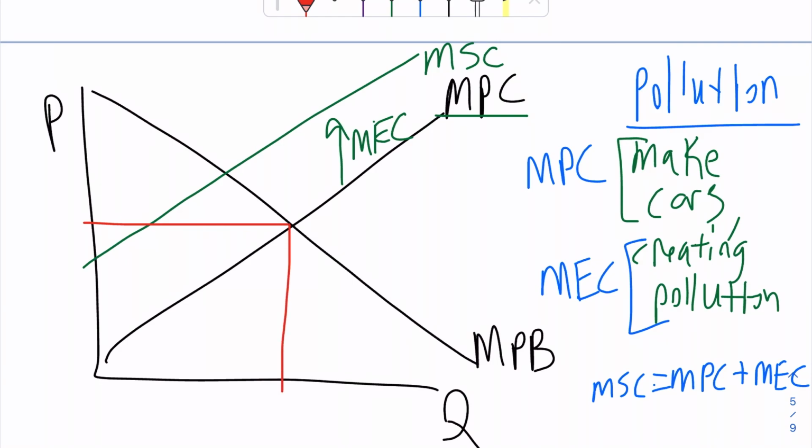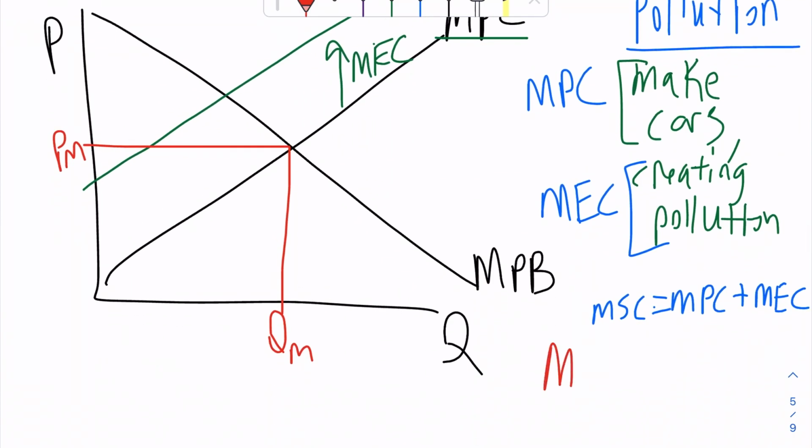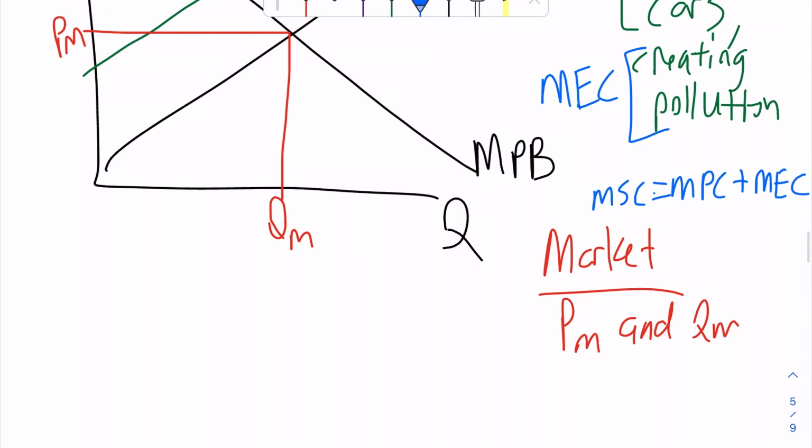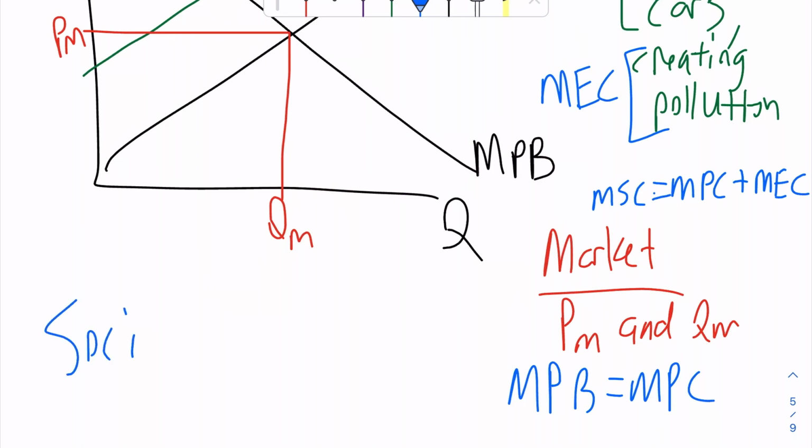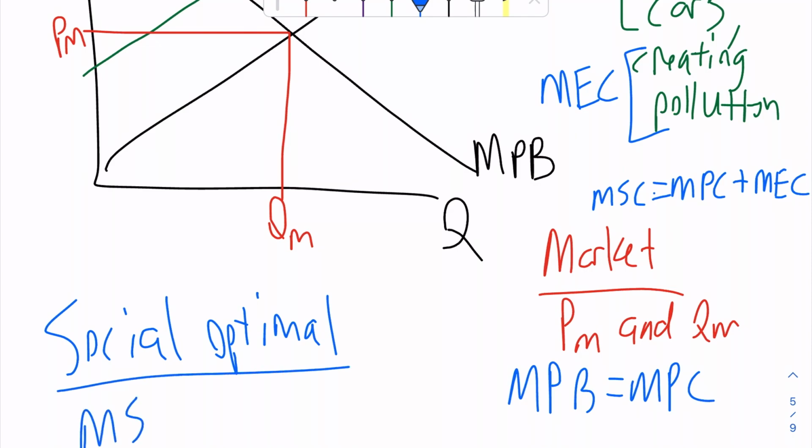Now this is your market price and your market quantity. Remember, your market does PM and QM because that's what the private benefit and the private cost is. But for society, your social optimal happens wherever your MSC is equal to your MSB. Now, did we make any mention of benefits that happen here? No, right?